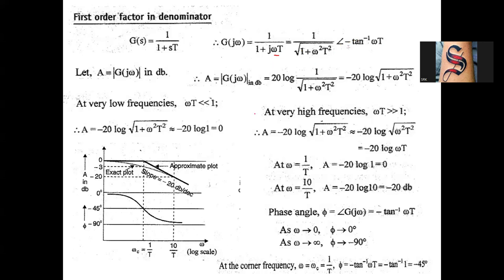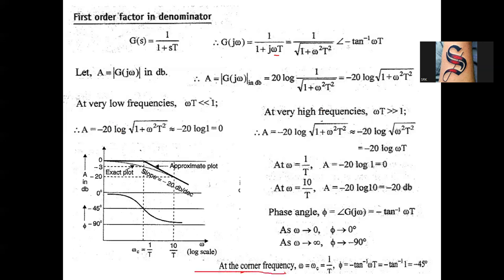Here, instead of directly taking the omega value, from the first order factor onwards we need to separate two regions: the lower frequency region and the higher frequency region. The frequency at which the magnitude separates the low frequency and the high frequency regions is known as the corner frequency.